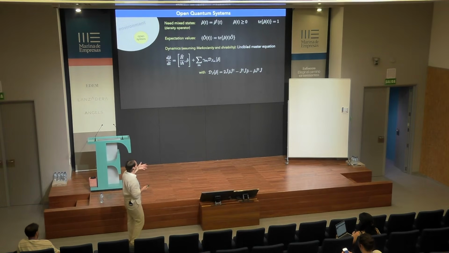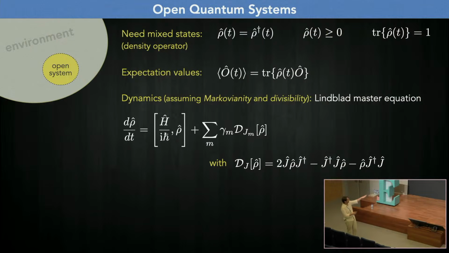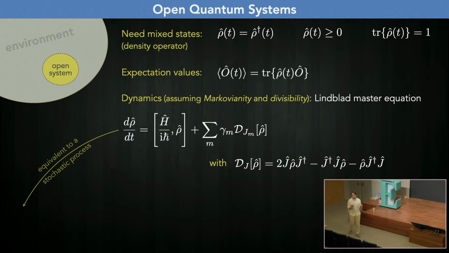And before proceeding, I want to actually get an intuition of what this master equation, we call it Lindblad master equation, is doing. And for this, I won't do a proof of the following, but you have it in my lecture notes. I forgot to advertise them here, but if you want, I can give you the reference later. But for this, I will explain to you better that this evolution equation is exactly equivalent to the following stochastic process.